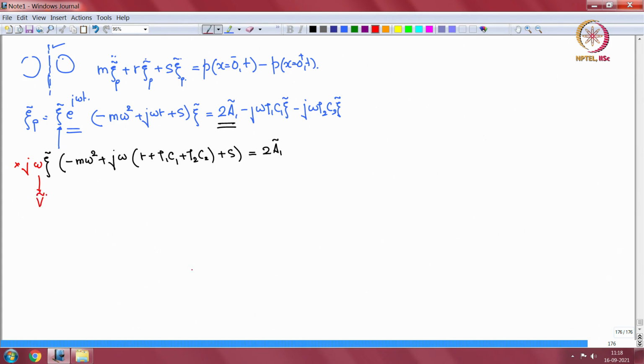So what we now have is v tilde is equal to, and we have to divide by j omega also because we multiplied, minus m omega square plus j omega r plus rho 1 c1 plus rho 2 c2 plus s is equal to twice a1 tilde.